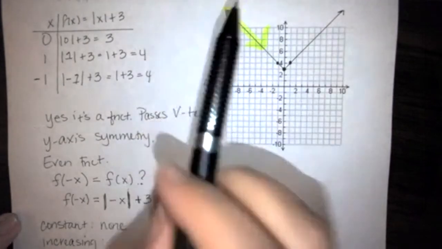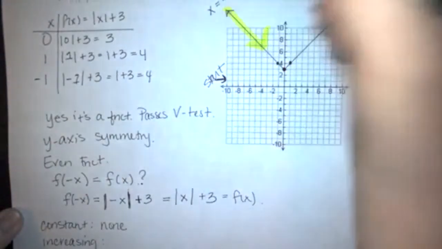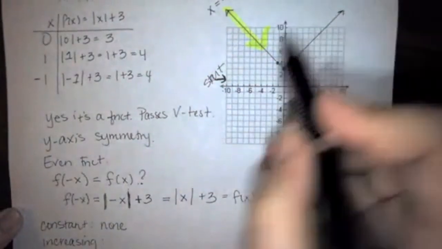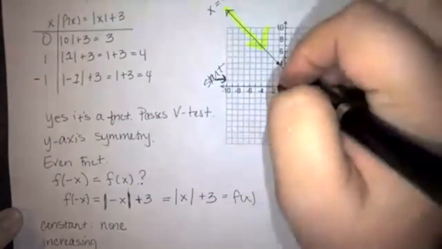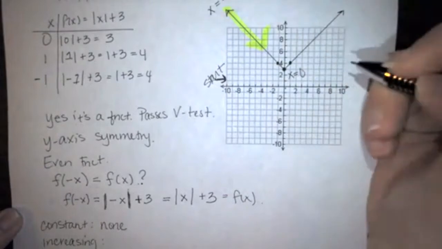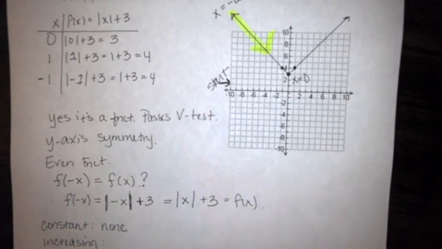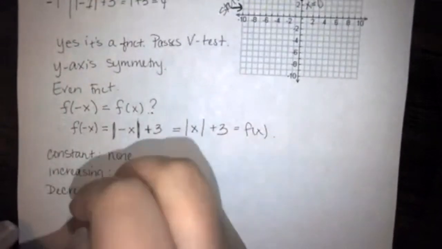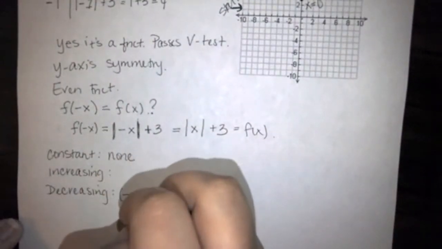The arrows out here mean that we are talking about x being negative infinity, and we are decreasing all the way until we get to our change in direction point. So here we're looking at x being 0. Because we're looking at the x-axis, we're going to look down, and that means our decreasing is going to go from negative infinity to 0.